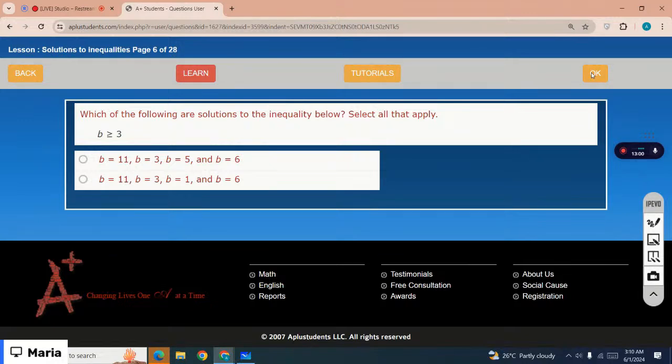A equals 6 is not the solution of the inequality below. Which of the following are solutions to the inequality below? b is greater than or equal to 3. Which is the correct option?